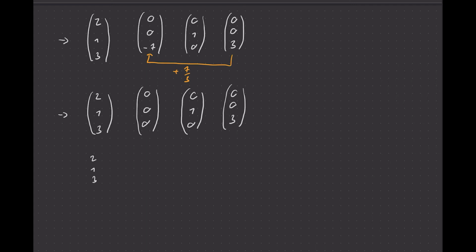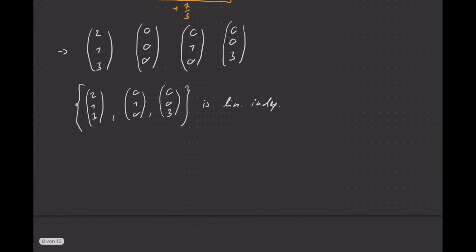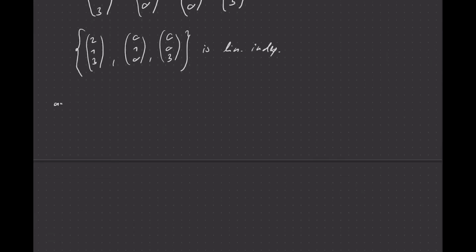So 2, 1, 3, 0, 1, 0, and 0, 0, 3. That set here is linearly independent. And therefore, we have a basis.